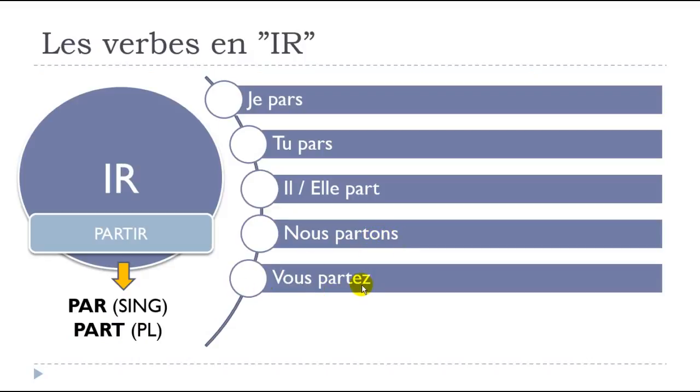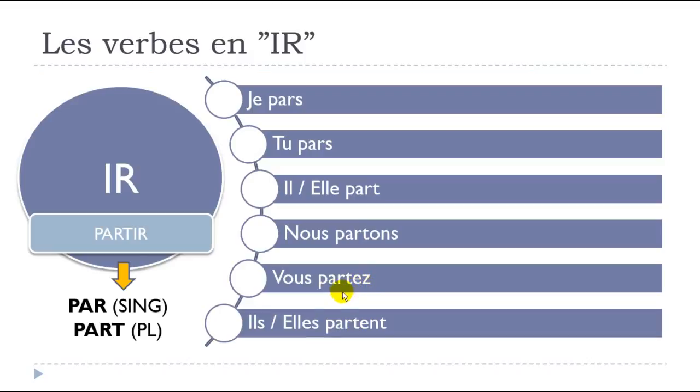Vous partez, the same way, and then obviously we'll have ils partent, elles partent: the first part P-A-R-T, and then the ending E-N-T. And this is the tricky thing with this verb partir. You just have to remember that when you have the singular or the plural, you will have different stems. So the first one, keep in mind that you will have this PAR, and then you will add the ending S for je, S for tu, T for il, elle.